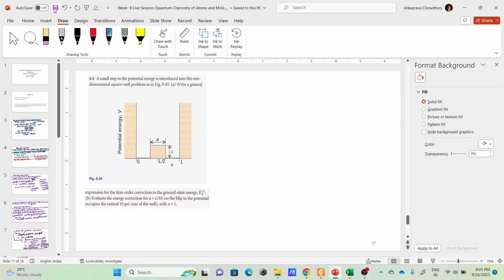Whoever is online can take a screenshot and try to solve. Whoever enrolled in NPTEL will get the slides and the notes, and we'll have a good discussion, and also try to solve some more problems from the variation theorem or other approximation methods.